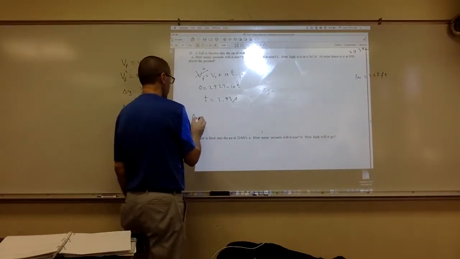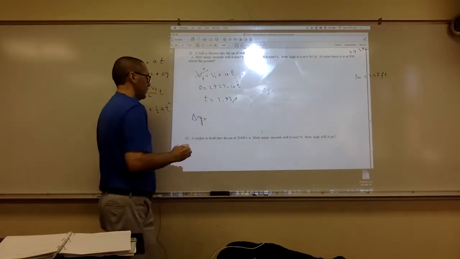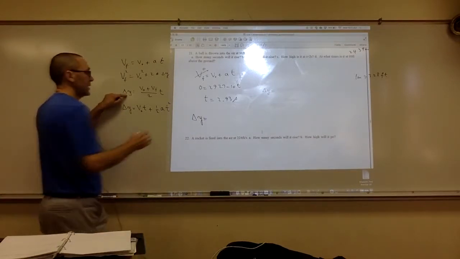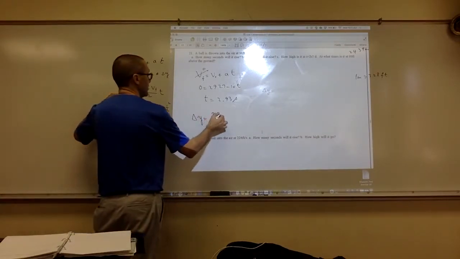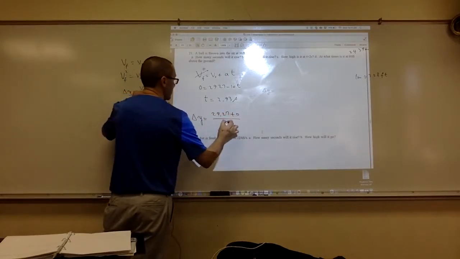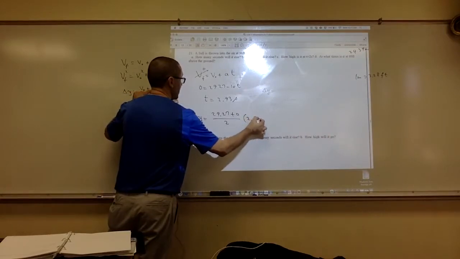How far will it rise? So we're going to find delta y equals, I think I'm going to use this one before last because I know my initial speed. This is after your right formula. My final speed is 0 over 2, and it took 2.93 seconds to do that.